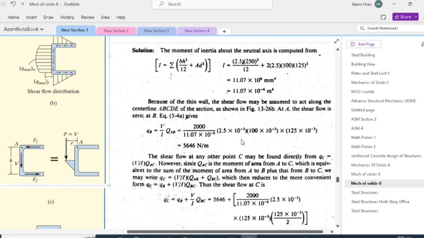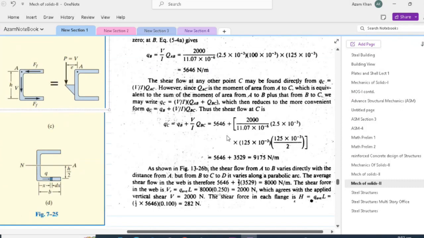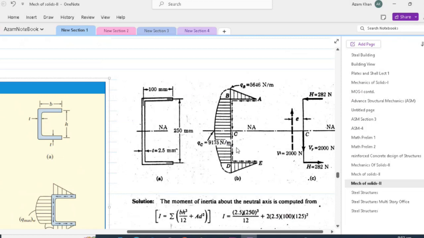From the shear flow, we can easily determine the shear forces in the components AB, BD, and DE. In the case of AB, we can multiply the shear flow with the width of AB, which is 100 millimeter, and we would get 282 Newton. In the case of web, we have to determine the average shear flow.